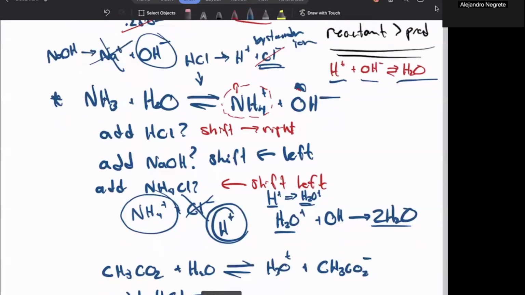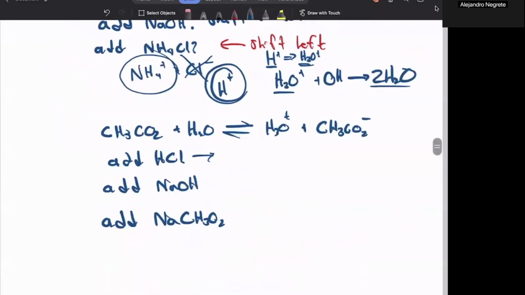So let's just say that those are equivalent. But essentially if we're adding the HCl, we're adding this, which means that we're going to shift this reaction over to the left, right? Because we're increasing this concentration here.